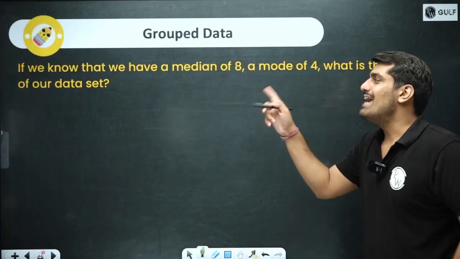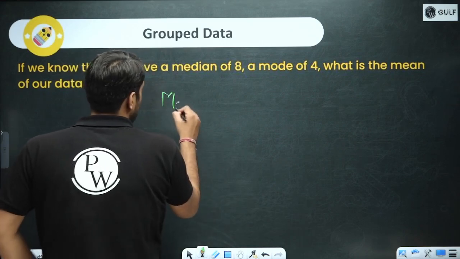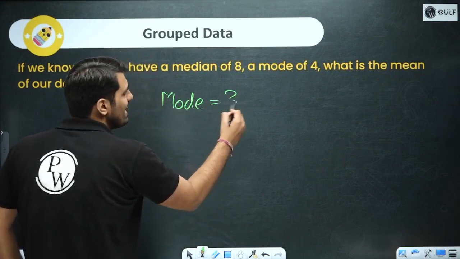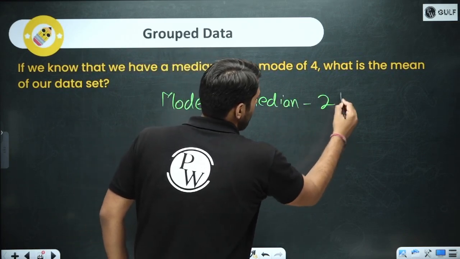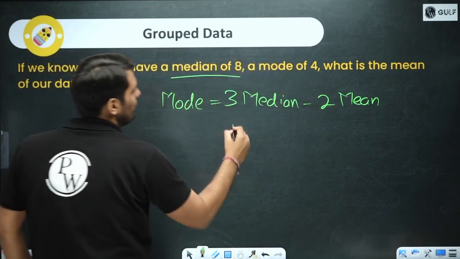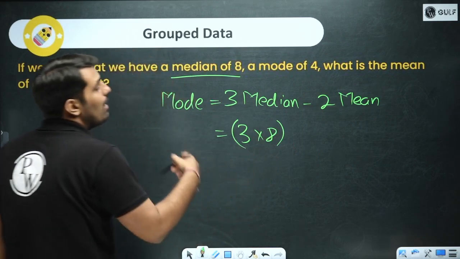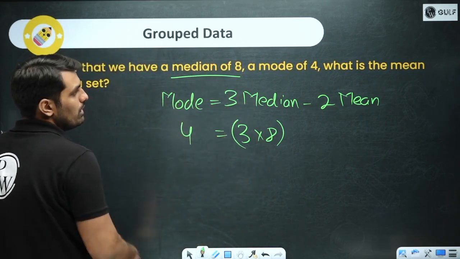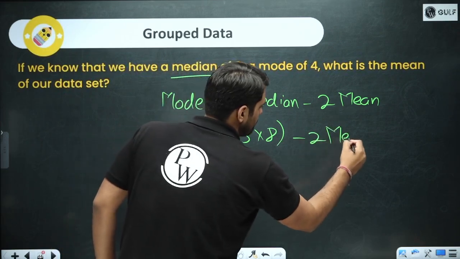Say we have a median of 8 and a mode of 4. First of all, let's write down the formula itself. Mode equals 3 times median minus 2 times mean. Since the median is 8, I put down 3 multiplied by 8. The mode is 4, so 4 is the mode. The mean is what we are missing, so minus 2 times mean.